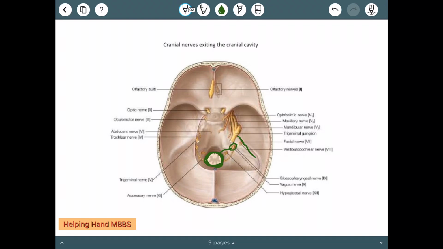This is the petrous temporal bone, and it has the internal acoustic meatus, and the nerve runs inside the internal acoustic meatus, so it enters like this.